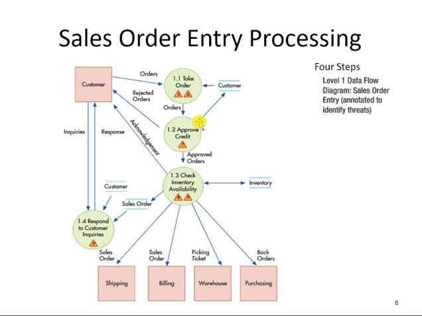Again, this needs data going back and forth with the customer database. If it's rejected, we're going to send data back to the customer. And if it's approved, we move to the next process, which is checking inventory availability. This involves data exchanged with the inventory database.